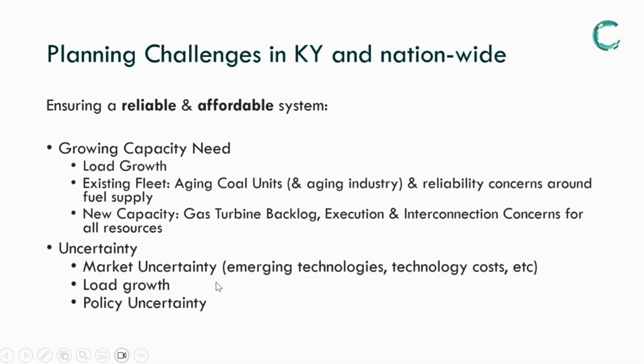And I can add a little bit here, talking about the planning challenges that Kentucky and other states are facing. So when we're talking about energy modeling, the two primary objectives have always been affordability and reliability. So the models that Gabby will be talking about aim to find exactly this.